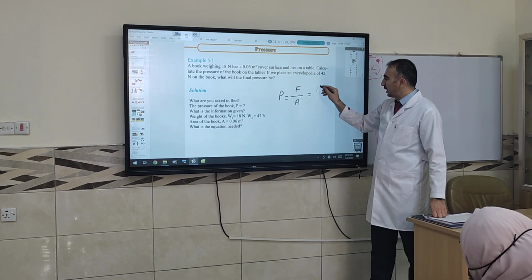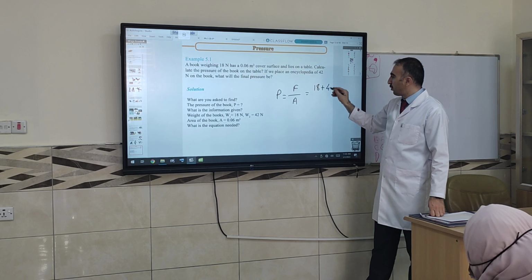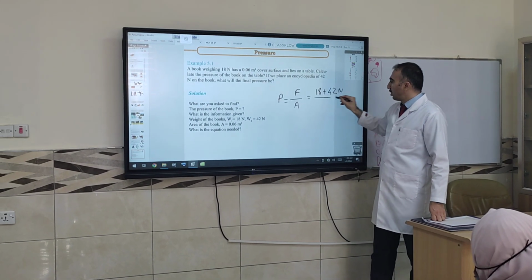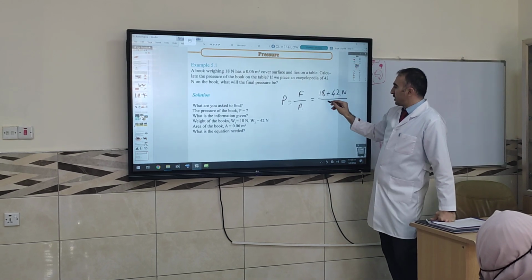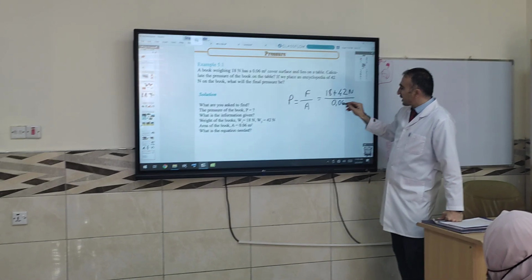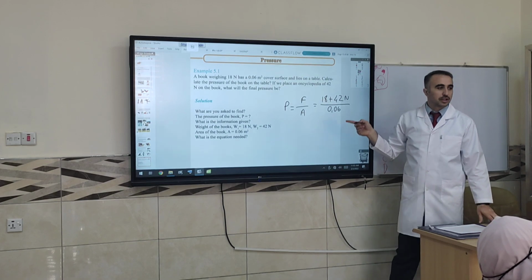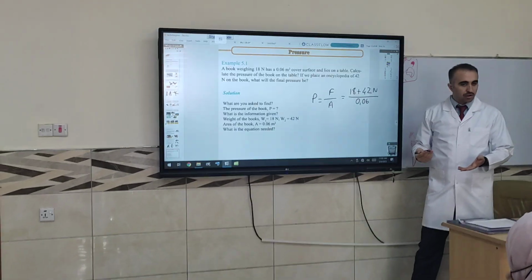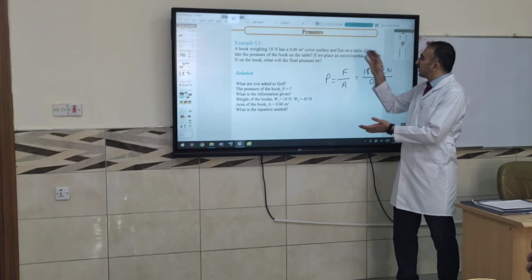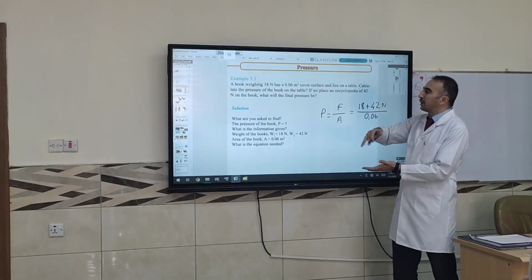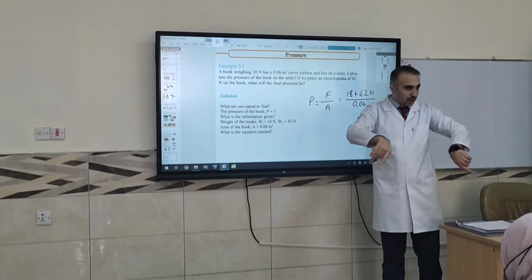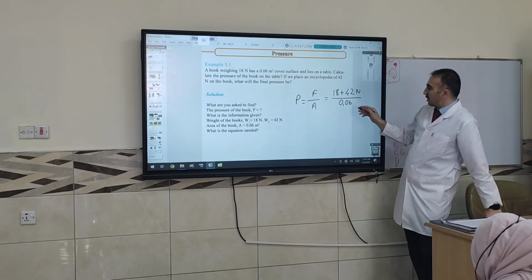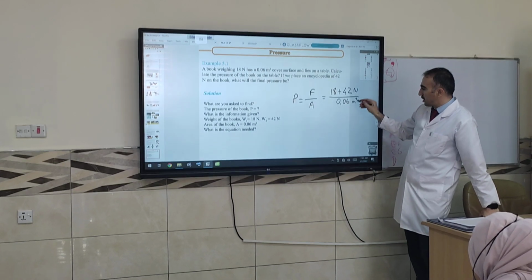So totally 18 plus 42 Newton divided by 0.06. Why I wrote here just 0.06? Did area change? No, because the encyclopedia put on the other book. The area, the touched place didn't change. So it is same, meter square.